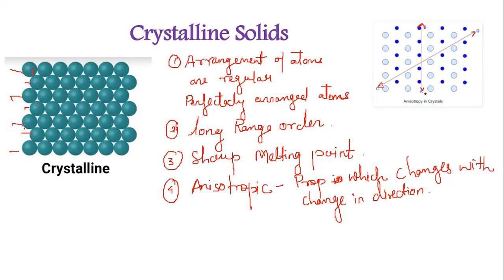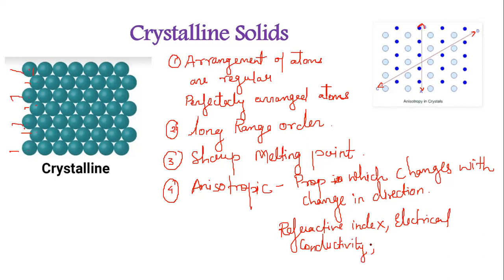Now, which properties are different? Properties like refractive index, then electrical conductivity, and thermal conductivity.